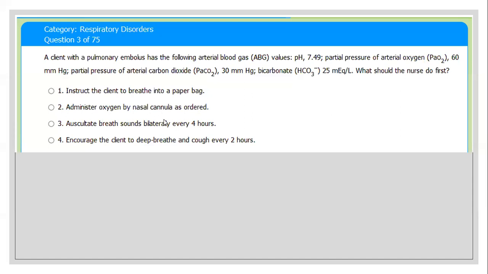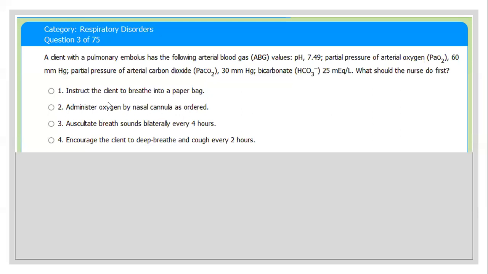Another way: if you see any option with a word like raising, it is also often the answer. Now you may ask me, if as needed, as prescribed, and encourage are together, what will I do?